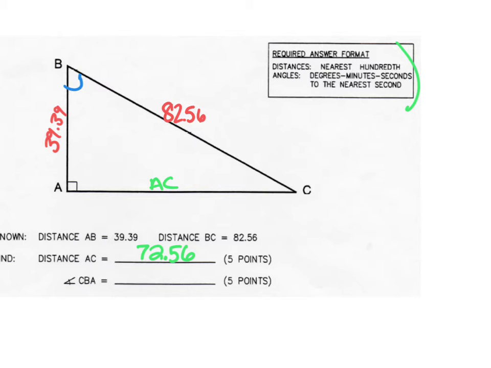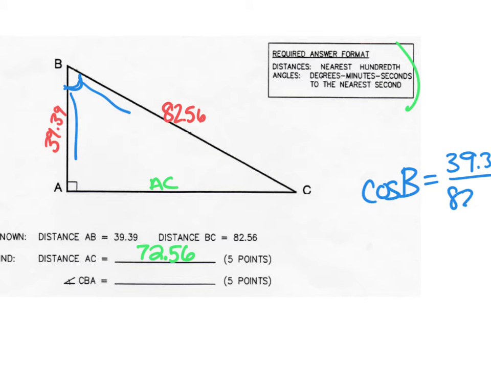All right, let's go do that angle. I'm looking for an angle, so I'm doing inverse something. I would lean towards using the values that were given rather than my rounded value. From my angle, it looks like we have adjacent and hypotenuse, so that's an inverse cosine. So cosine of angle B is going to be adjacent, the 39.39 over the 82.56.